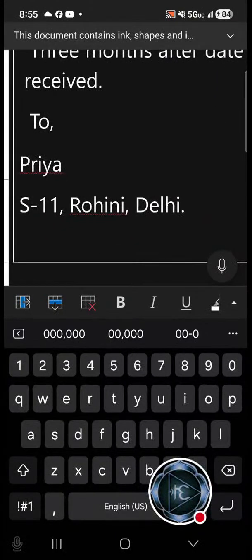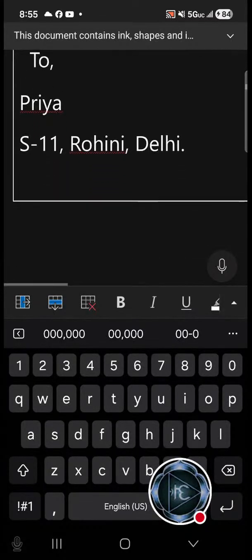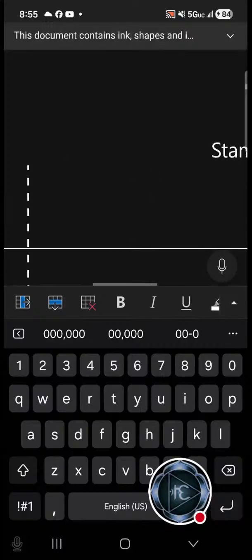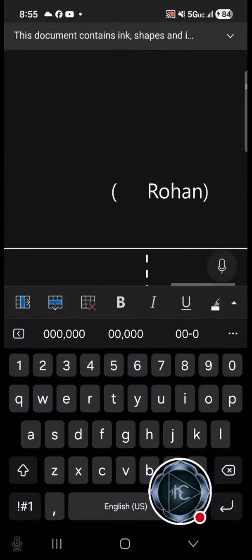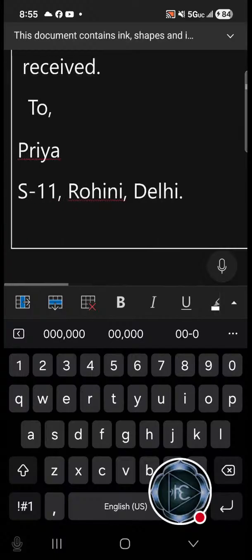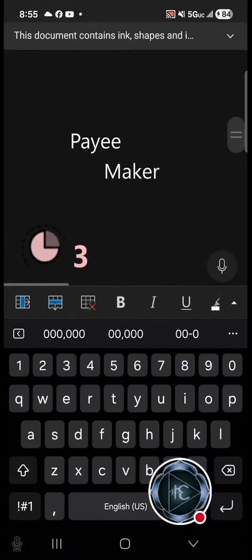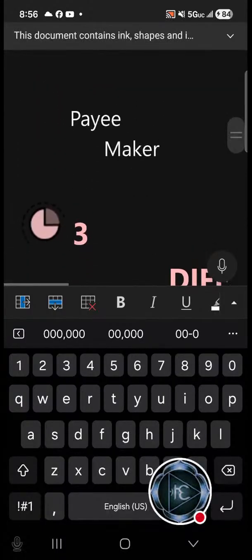To Prior, 11 Rohan Dirhan. All right, you've got the stamp. Payee, maker.